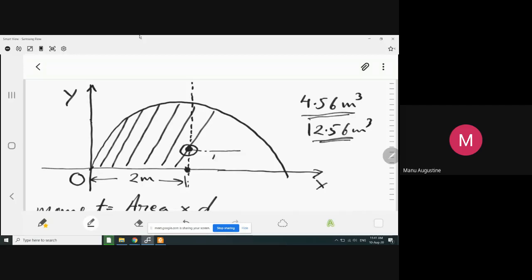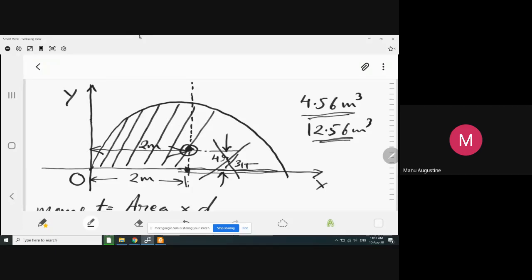And what is the distance of this centroid? This is actually 4r upon 3 pi from the base. But if I ask you what is the distance of the centroid from y-axis? Now, in order to find the distance of the centroid from y-axis, you do not need this formula. This is the trick here. Because if I had asked you the distance of the centroid from the x-axis, then 4r upon 3 pi is the correct answer. The centroid, as you can see, is clearly, undoubtedly at a distance of 2 meters from the y-axis.